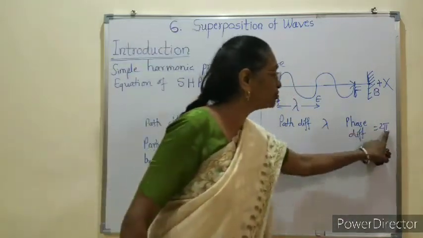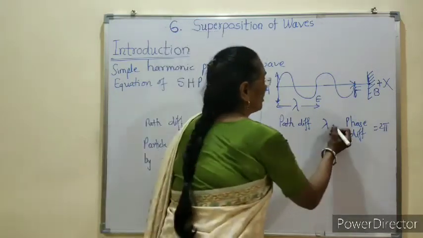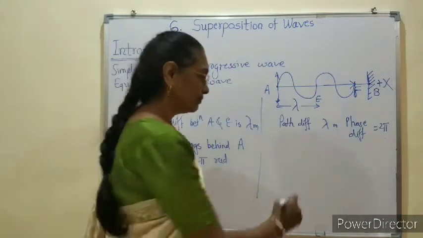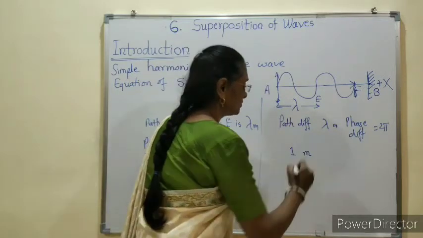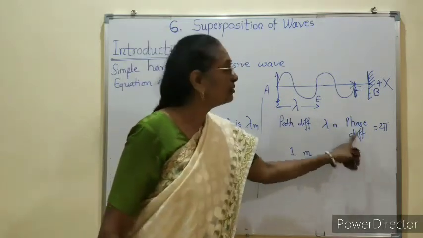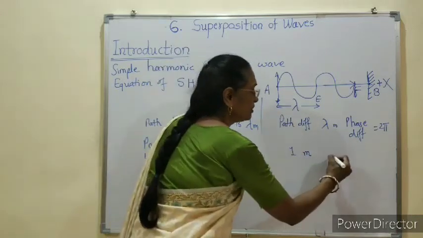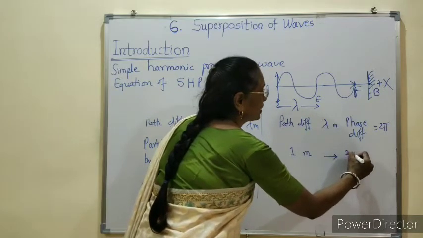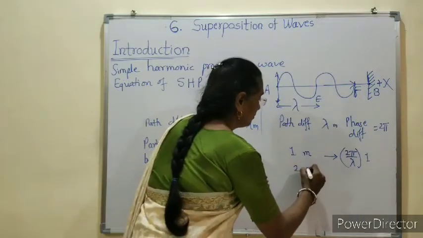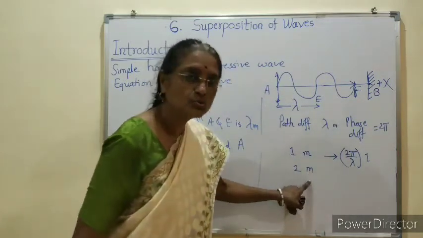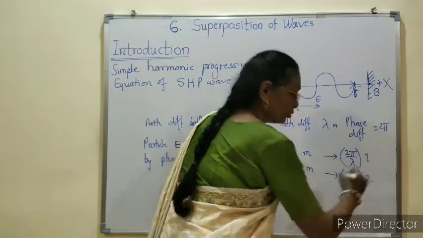So lambda, measured in meter, corresponds to a phase difference of twice pi. We can take one example: for two particles separated by a distance of 1 meter, that is, a path difference of 1 meter, the phase difference can be written as twice pi upon lambda into 1. If the particles are separated by 2 meters, the phase difference is twice pi upon lambda into 2.